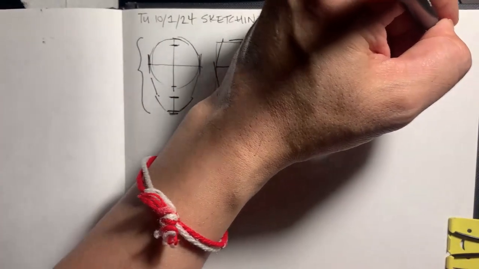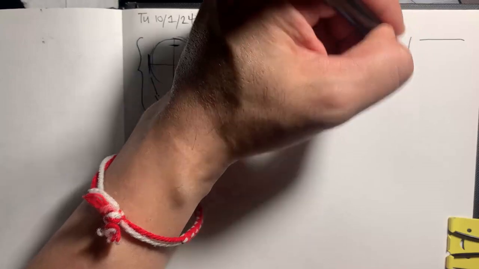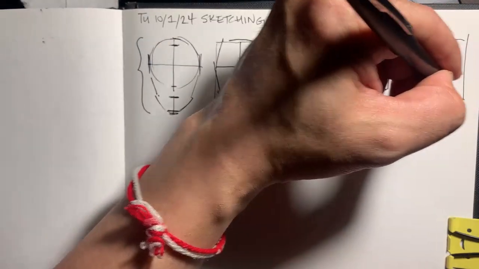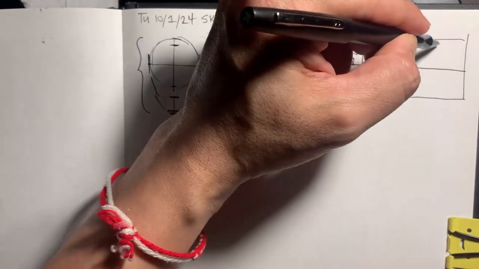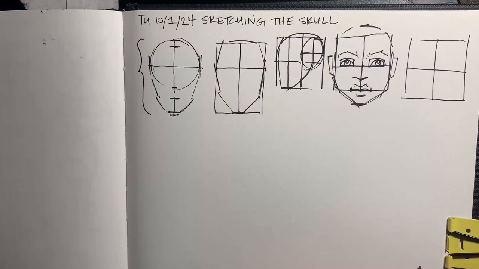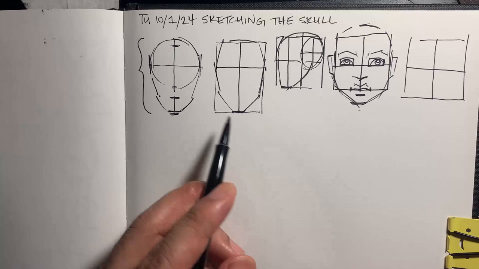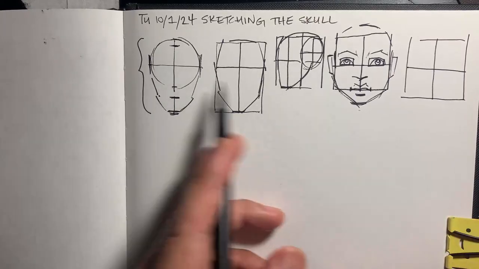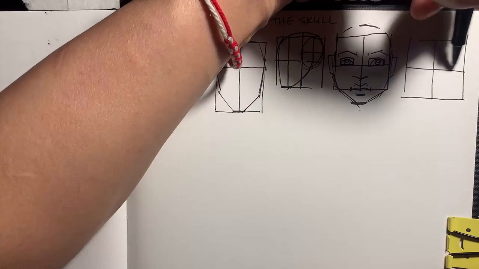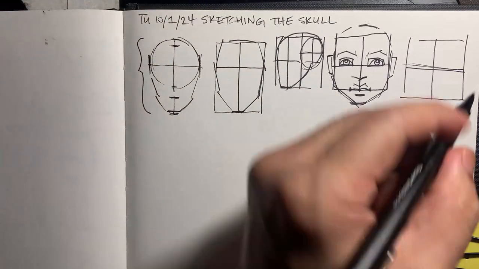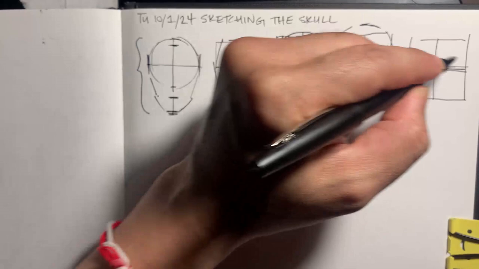So for example, if we were to draw another square, let's go with this. This is why the Loomis method works well, because it's based upon the skull structure. Let's say that this midpoint is actually the brow.